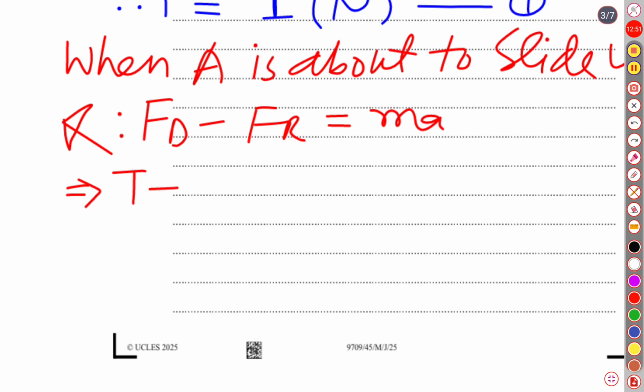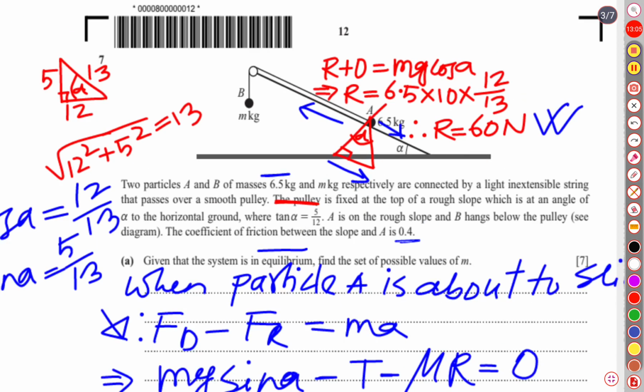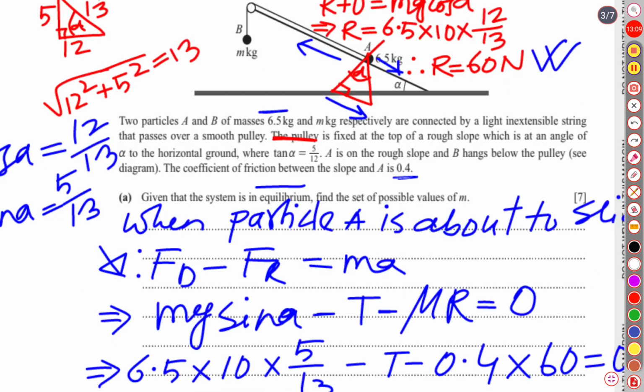So what are the next forces? The first force is the frictional force, which we know is mu R, minus the other force which is trying to slide the particle downward, which is weight.